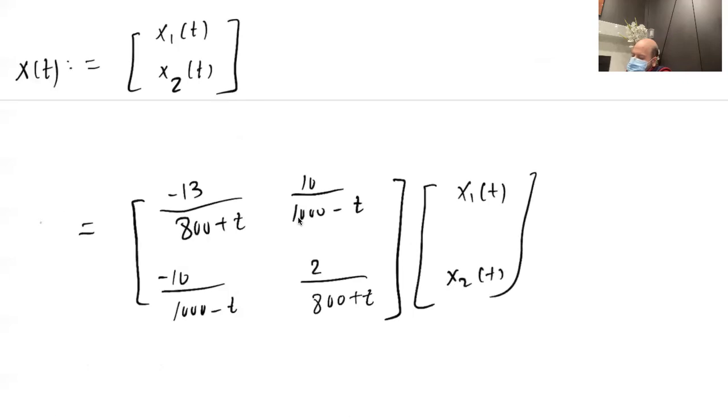I can also, just for consistency, write the left-hand side as x1 of t prime and x2 of t prime for now, and then later I can replace it with the vector x.